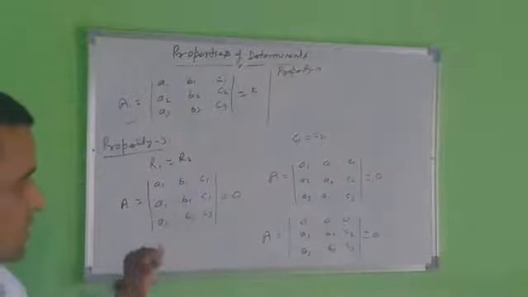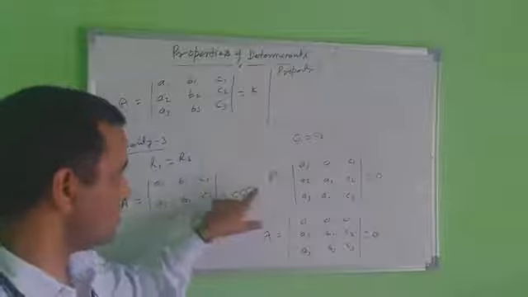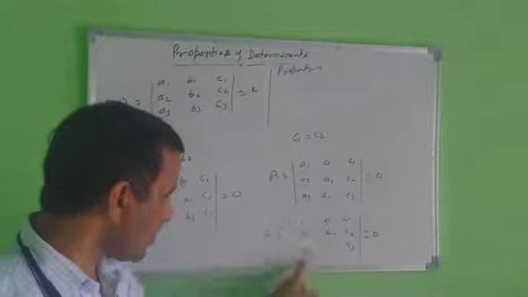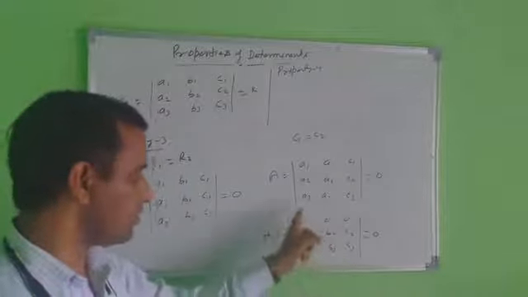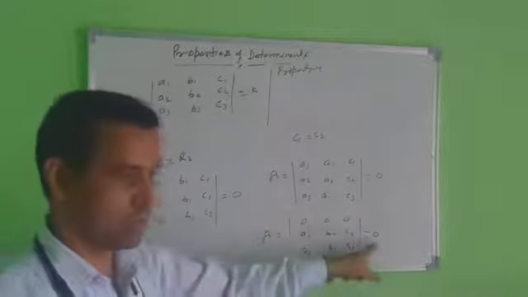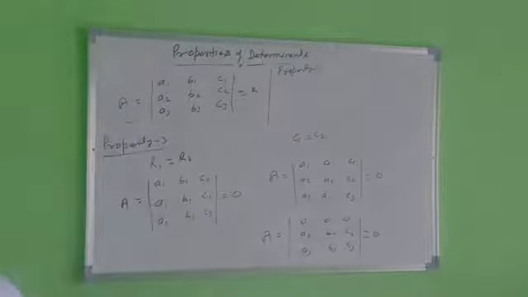So 0 has two conditions here. First, if two rows or two columns are identical, the value of the determinant is 0. Second, if one row or one column is entirely 0, the value of the determinant is also 0. Is it clear? Take a screenshot, then we move to the next property.